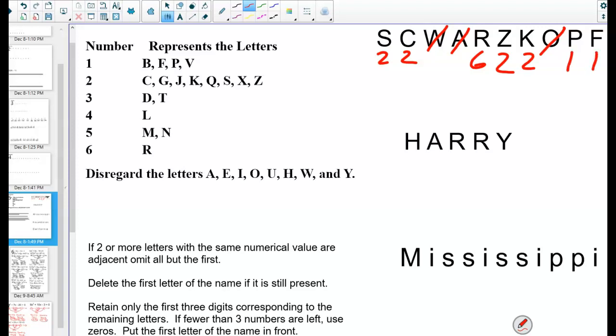Okay. So when I code this name, I'm going to follow these instructions. If two or more letters with the same numerical value are adjacent, omit all but the first. So I get rid of that one, that one, and that one. The first letter's still there, we get rid of it. And then it's write the first letter down and the 3 digits that are still left.